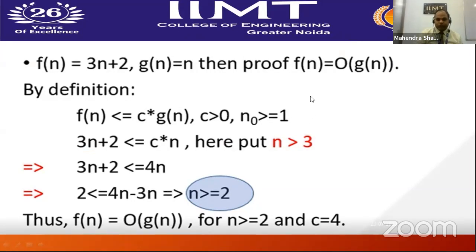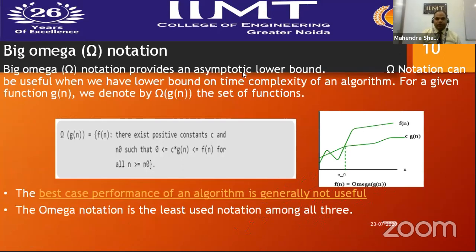Let's move to another notation, the big omega notation. This notation is basically used for the lower bound. Big omega notation provides an asymptotic lower bound. It is useful when we have a lower bound on the time complexity of an algorithm, function g of n.